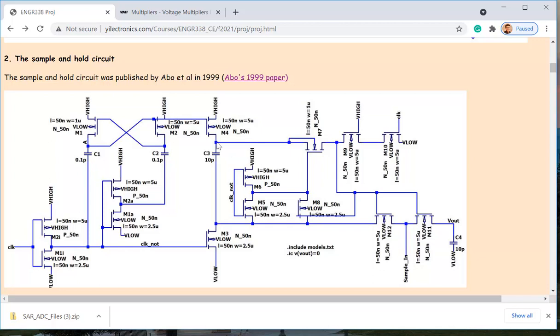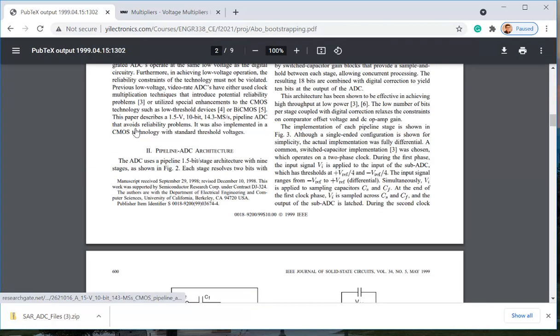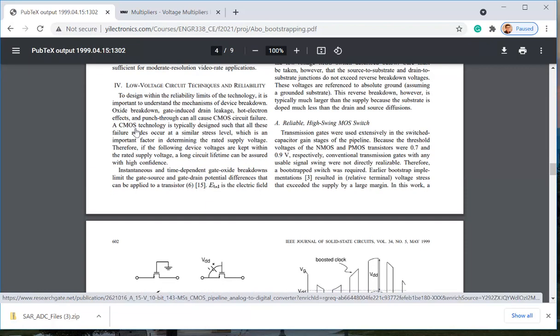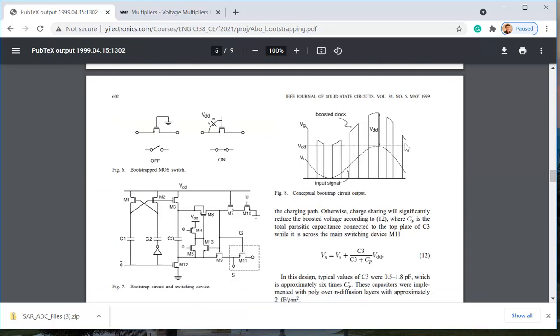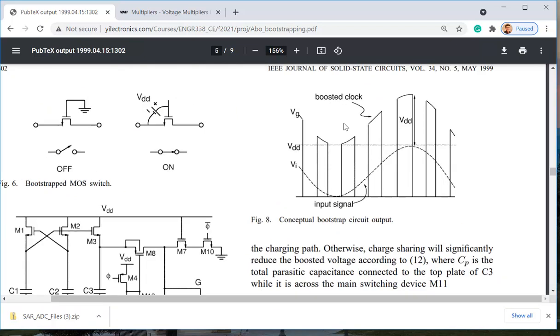So the purpose of that one is, if you look at the signal here, that's the last stage of the sampling transistor. Okay, I'm going to show you that one just to tell you where that is.